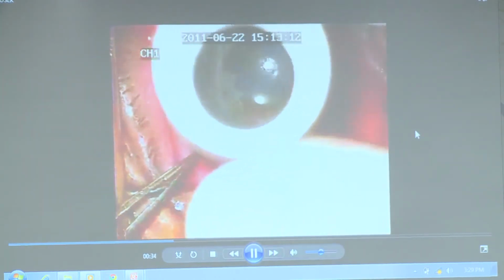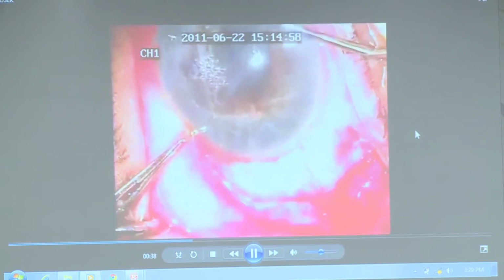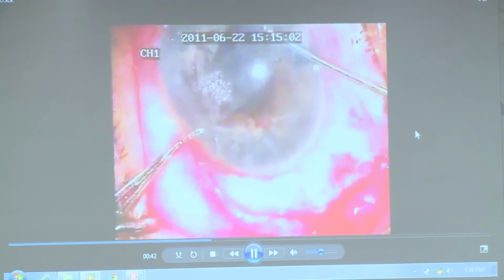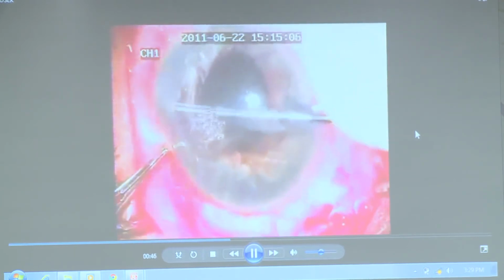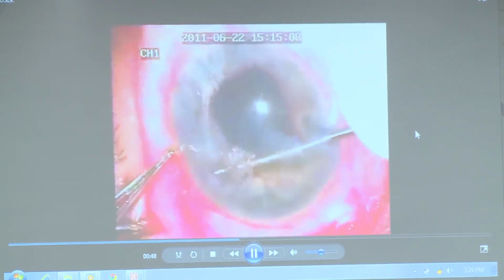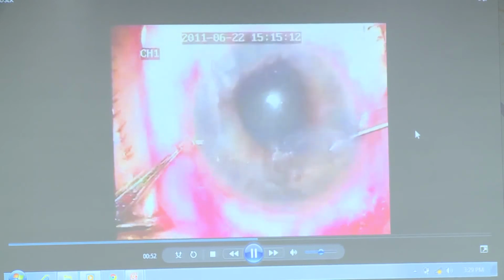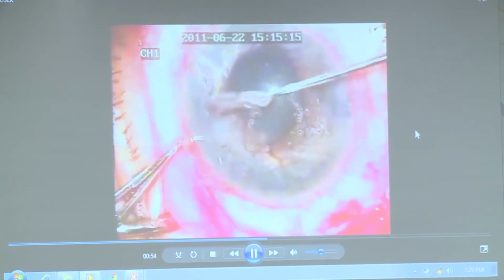Once the dissection is done, you can start the surgery. Mark the central 8 mm area with the trephine. Then you can dissect the diseased Descemet membrane over the marked area and take out the Descemet membrane.